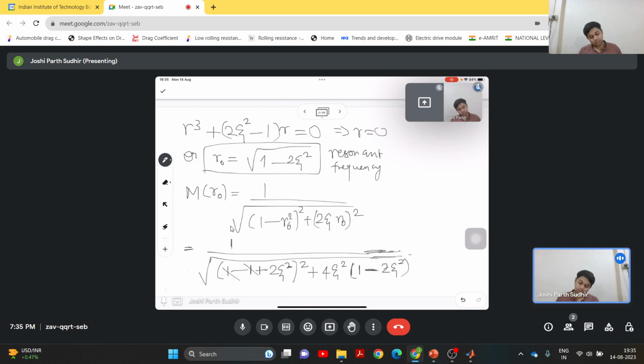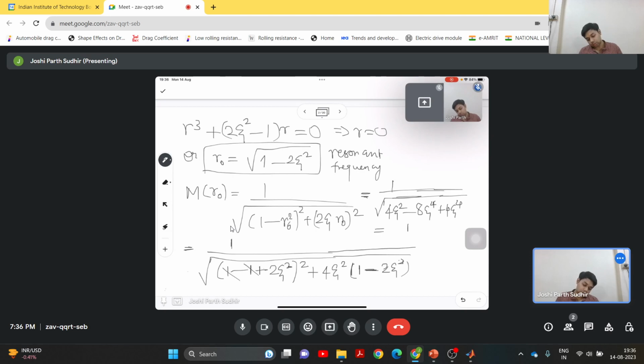So this will cancel and the magnification factor will be 1 upon square root of 4 zeta square minus 8 zeta to the power 4 plus 4 zeta to the power 4.